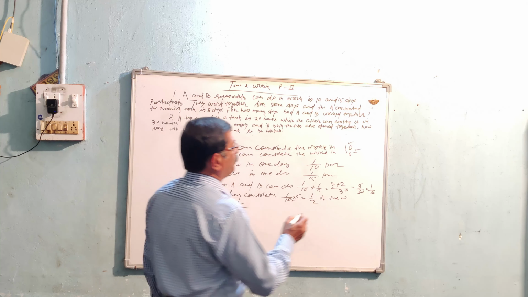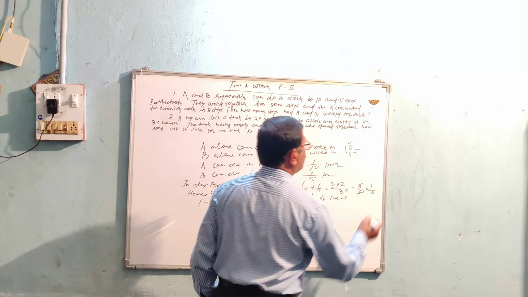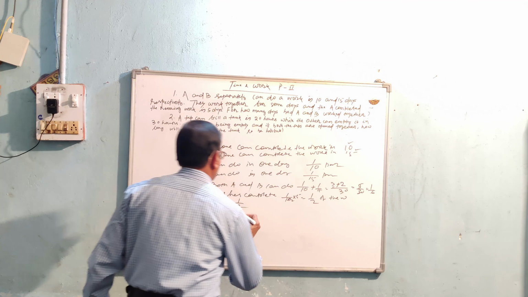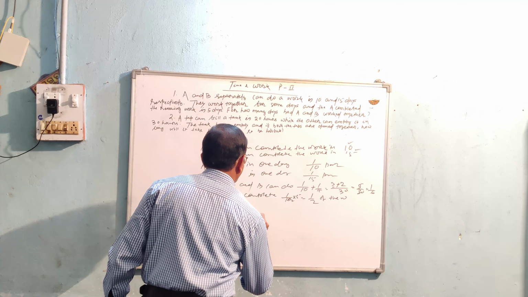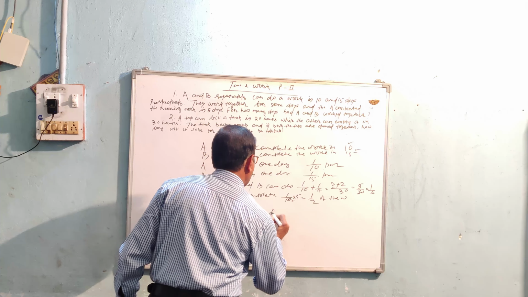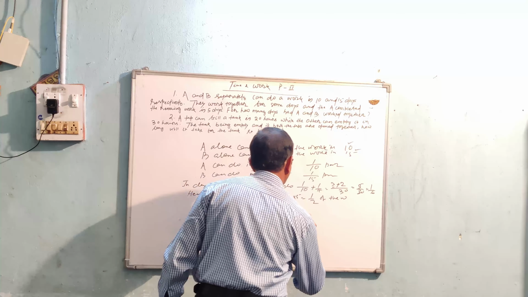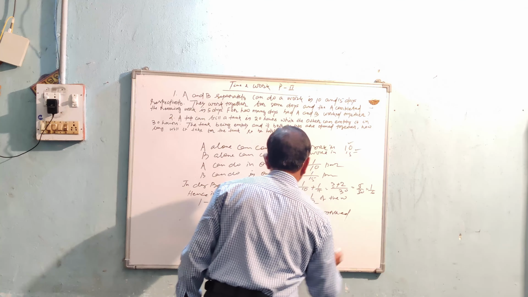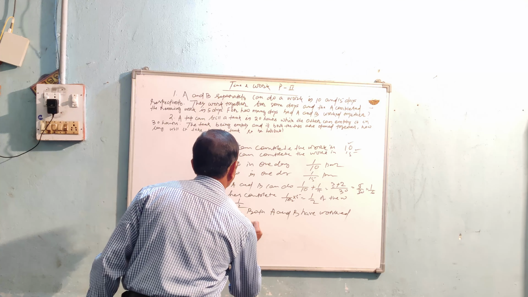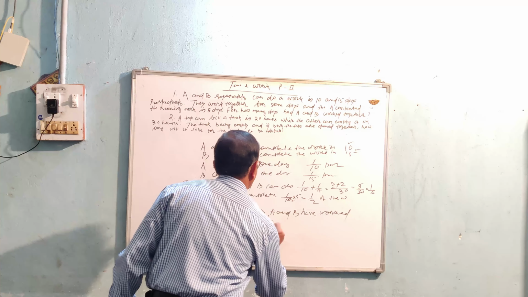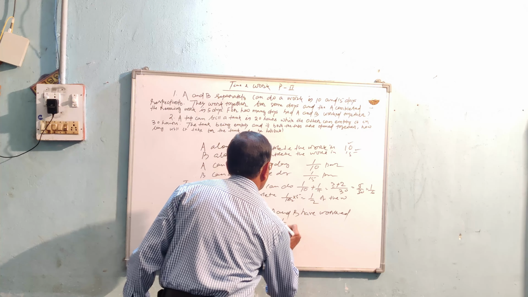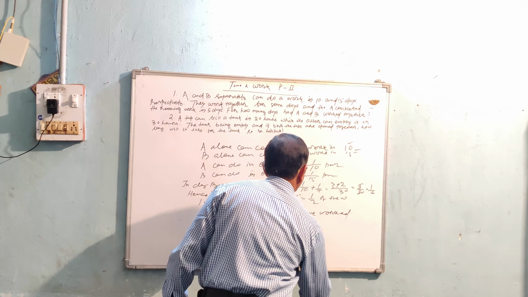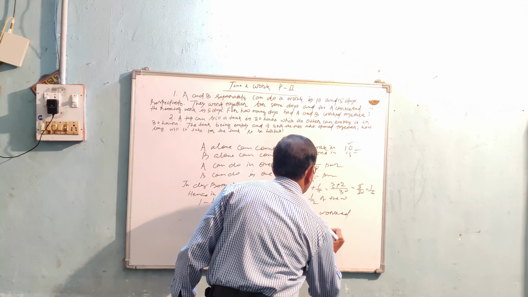So if both A and B can do 1/6 of the work in one day, then they have worked together 1/2 divided by 1/6, which means 3 days.